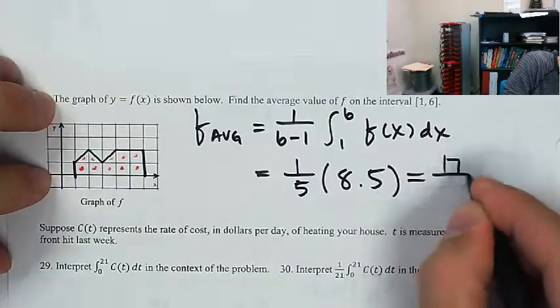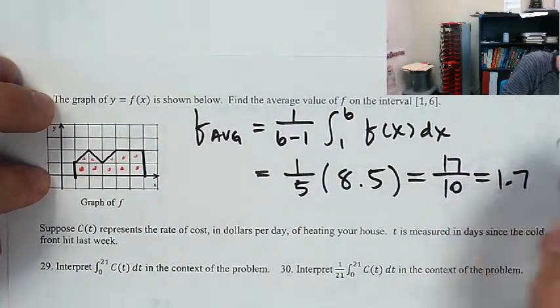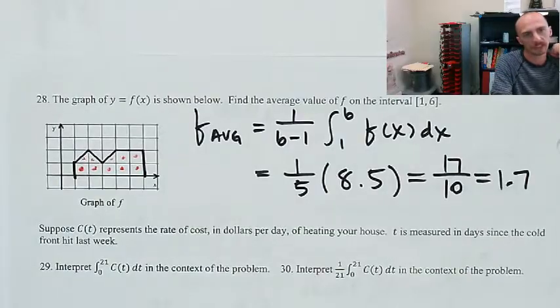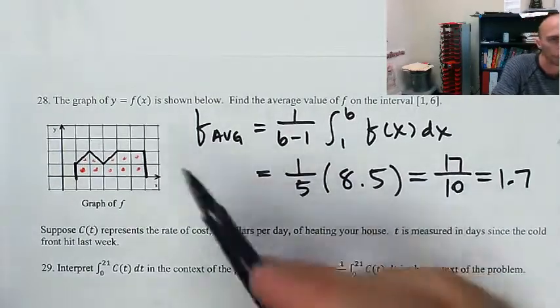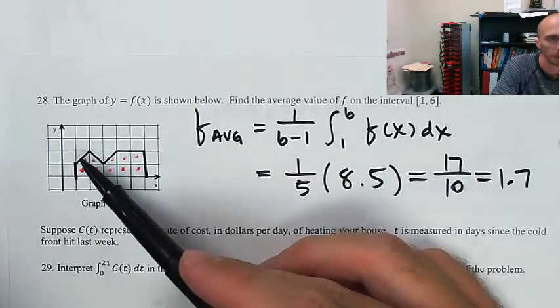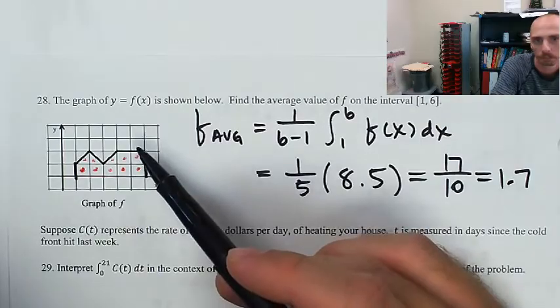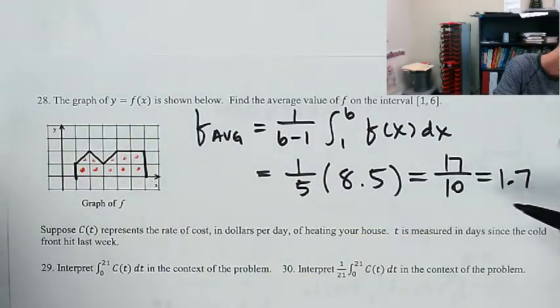So that becomes 17 divided by 10. And that's 1.7. That seems believable, that for most of the time it's up here at either 1 or 2, and it's spending a little more time above 1 than at 1. So it would make sense that average value would be above 1.